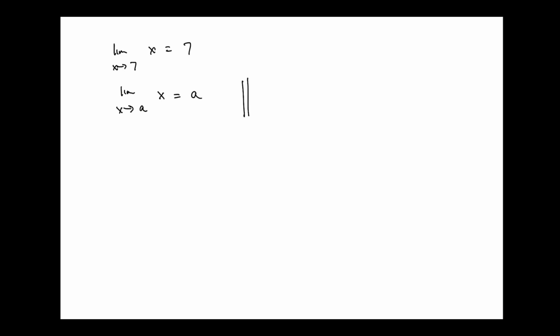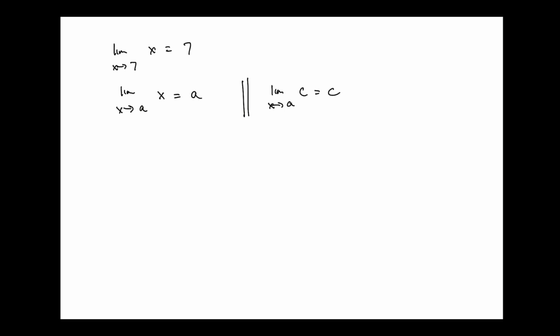Now, similarly, why is this true? If I take the limit of a constant, why do I always get the constant? Other than, yeah, this is obvious. Well, how would we think about this graphically? What does a graph of a constant function look like?